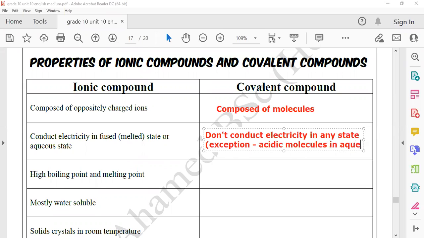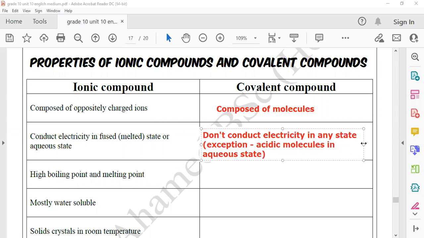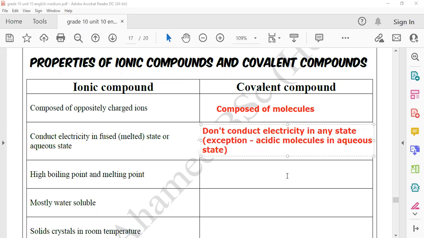But acids in the aqueous state conduct electricity. As I told you, exceptions you can't avoid. Understood? Acid molecules are covalent compounds, but conduct electricity in the aqueous state.